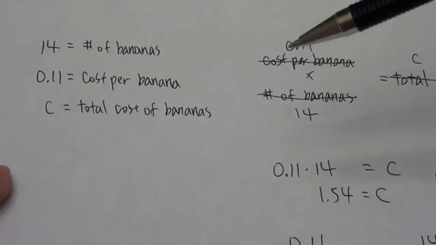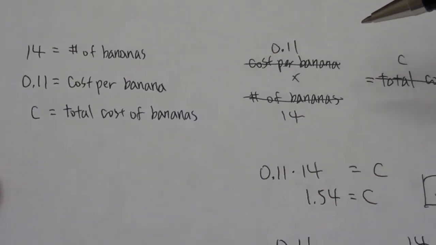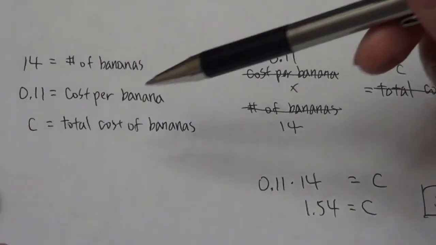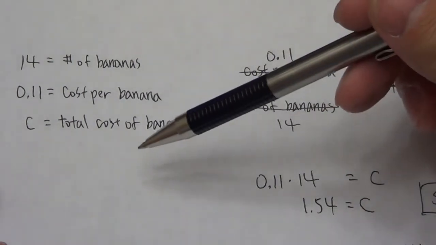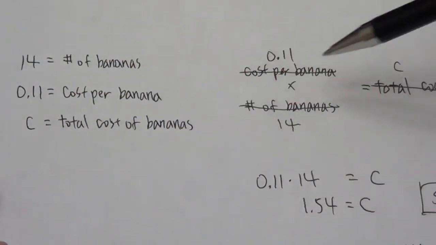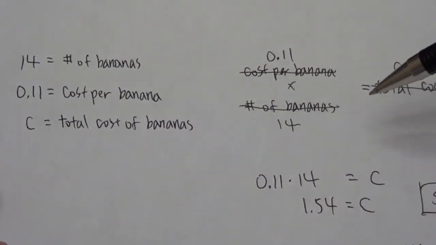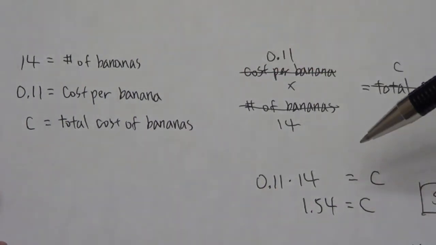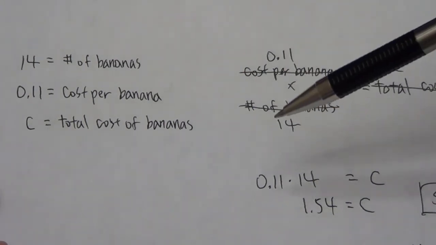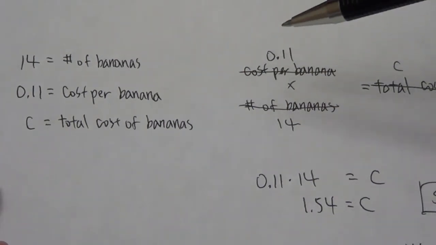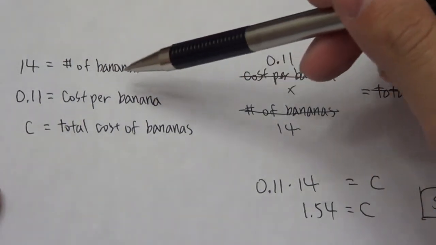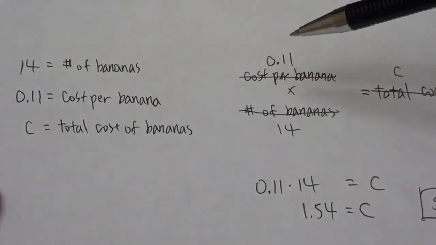Now, this seems like a long process to solve a relatively easy question, and that's the thing. If you can see the equation pretty easily, then you don't need to go through all these steps. This is for the people who can't see the equation so quickly. They can't see it right away. The reason is because they're having trouble translating the words into the numbers.